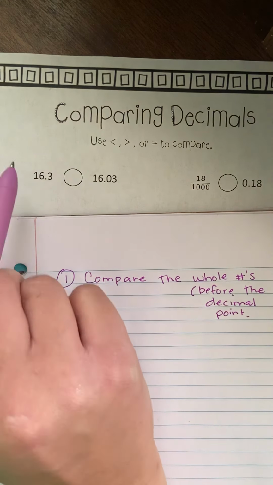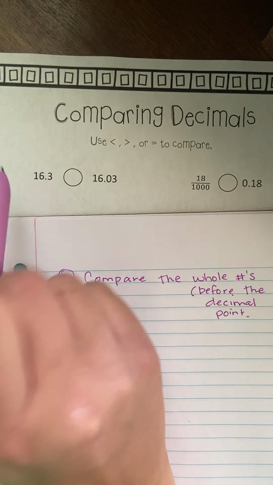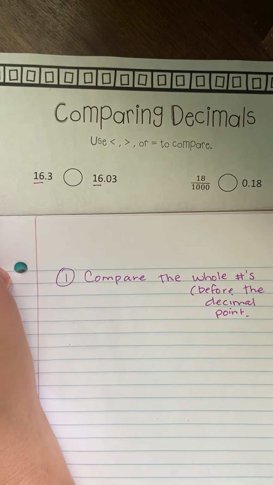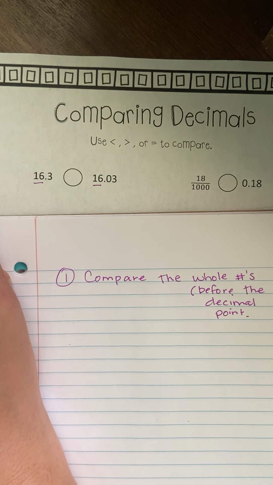So, for example, when you look at this one, you have 16 as a whole number, and then you have 16 as a whole number on this side. So you can't really say which one's less than or greater than because they are equal.